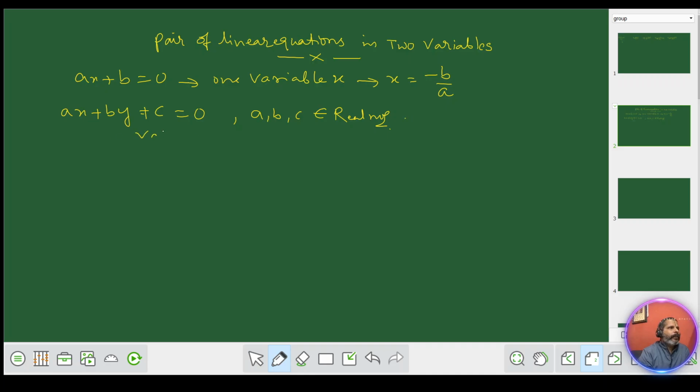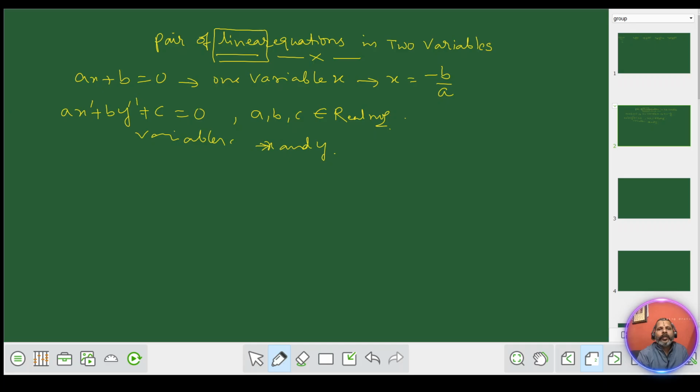Variables are x and y. Why is it called linear? Anybody guess? Because the power is 1 for the variables here, therefore they are called linear equations.